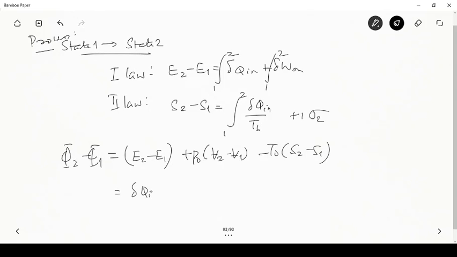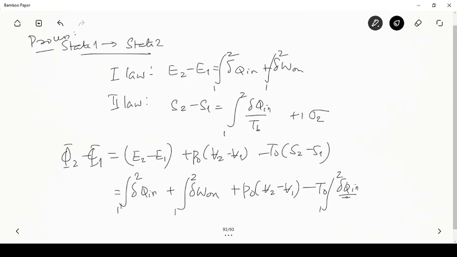Then you get the integral from 1 to 2 of delta Q in, plus the integral of delta W on from 1 to 2, plus P naught into V2 minus V1, minus T naught times S2 minus S1, which gives the integral from 1 to 2 of delta Q in by TB, plus T naught into sigma 1 2, with a minus sign on the sigma term.